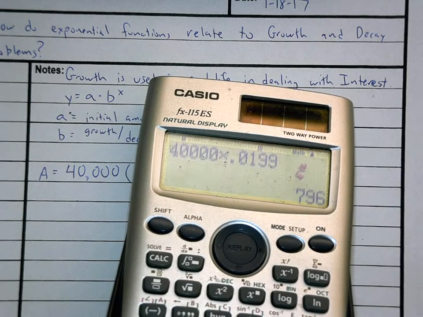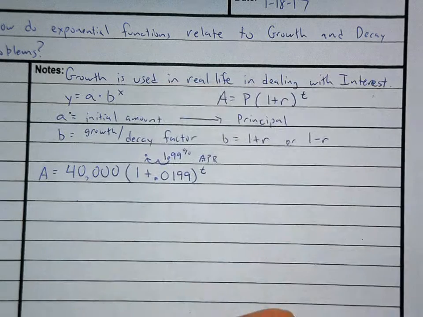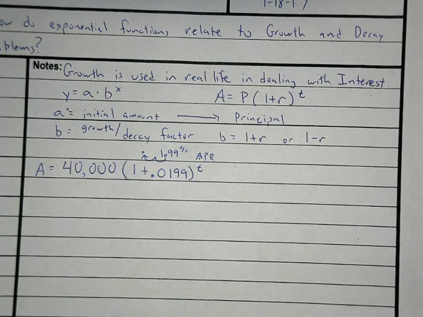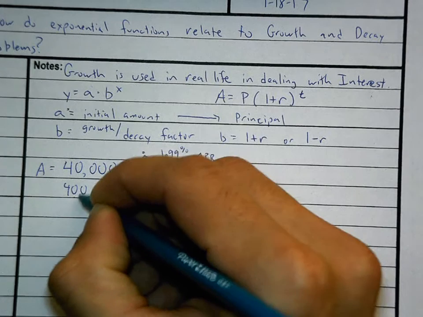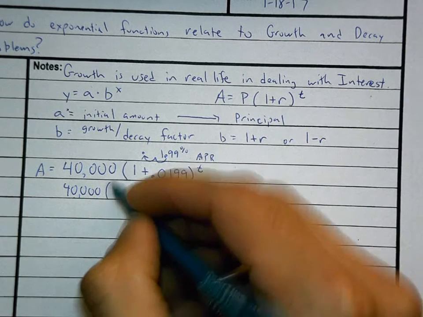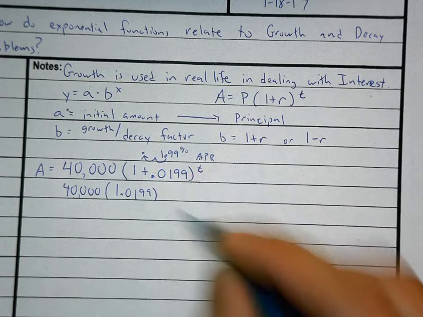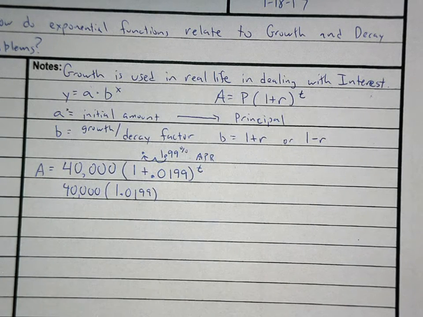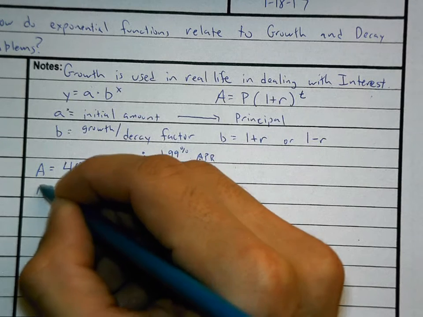There are hidden fees. Don't forget that's annually, so you have to do that for how many years? For 5 years probably, most likely. This is what it looks like. Your initial value, your starting amount, is $40,000. Your B, your growth factor, is 1.0199, and most likely it's a 5-year deal.